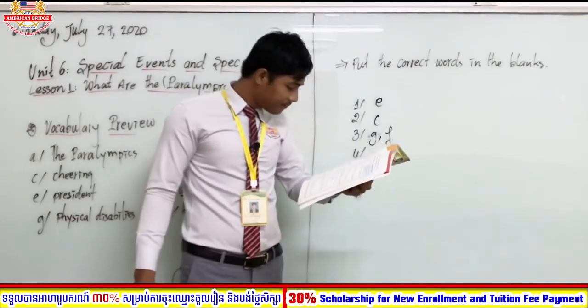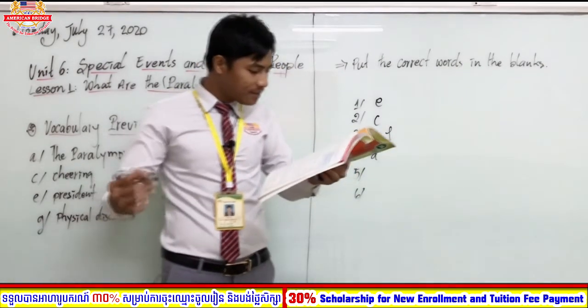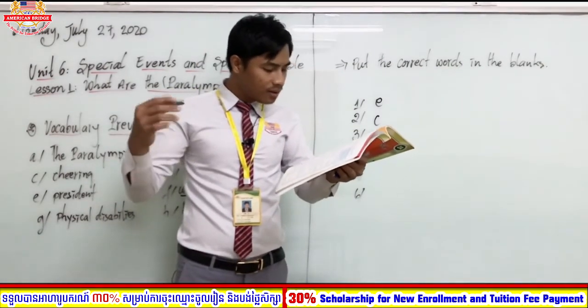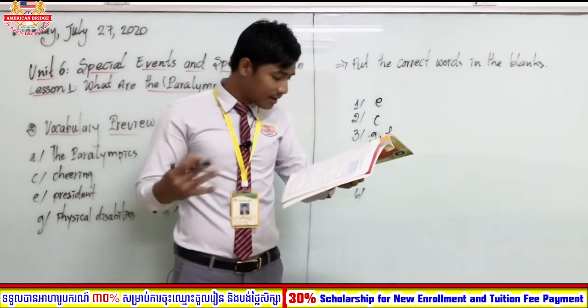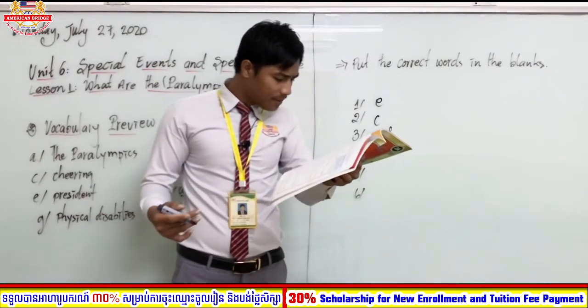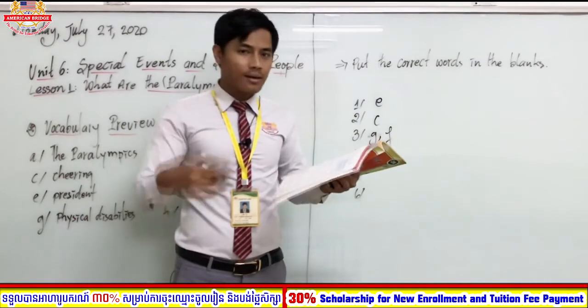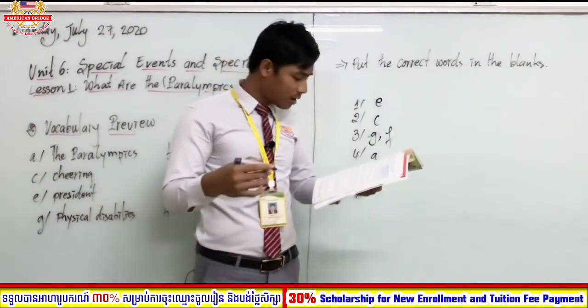Number 5. What sort of disability do the athletes have? Should be what things? Okay. Well, for example, some of them are blind and cannot see. Okay, should be blind, right? Cannot see something.